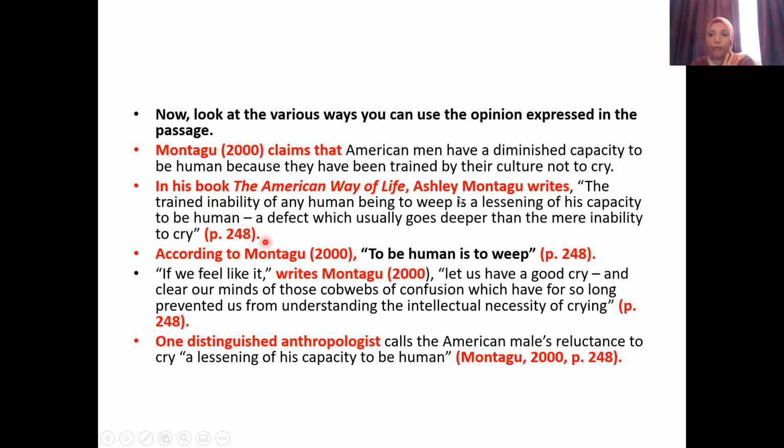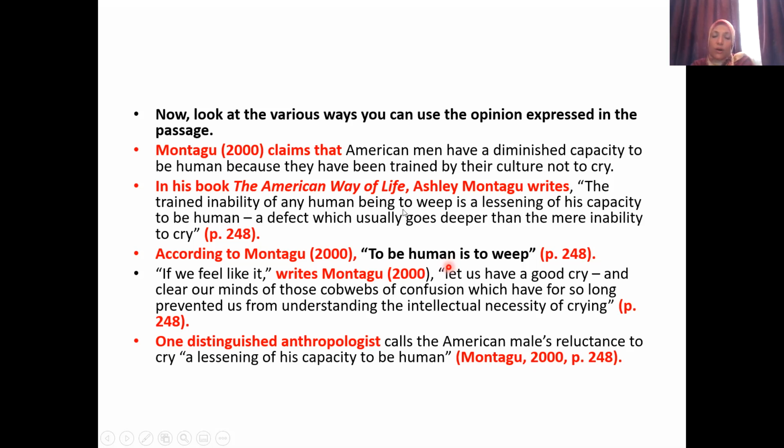Later, you can only refer to the last name of the author. But for the very first time, it's important to refer to his first and last name. So, in his book, The American Way of Life, Ashley Montagu writes, and then we put a comma, and because we copied and pasted this part, we should put it between quotation marks.